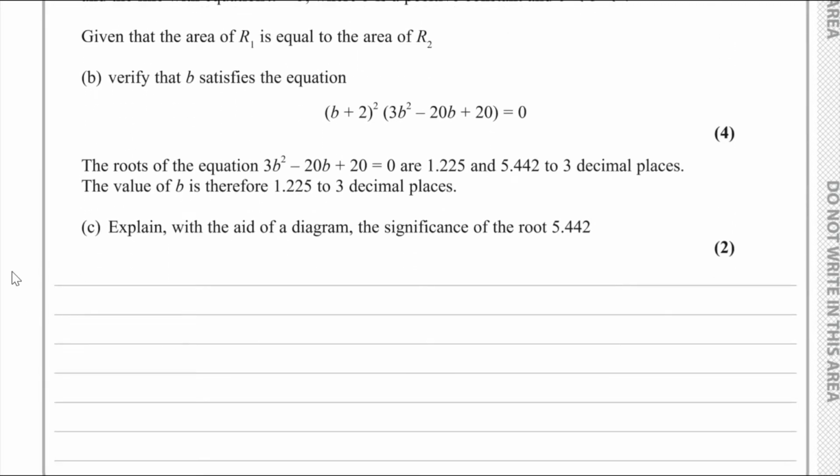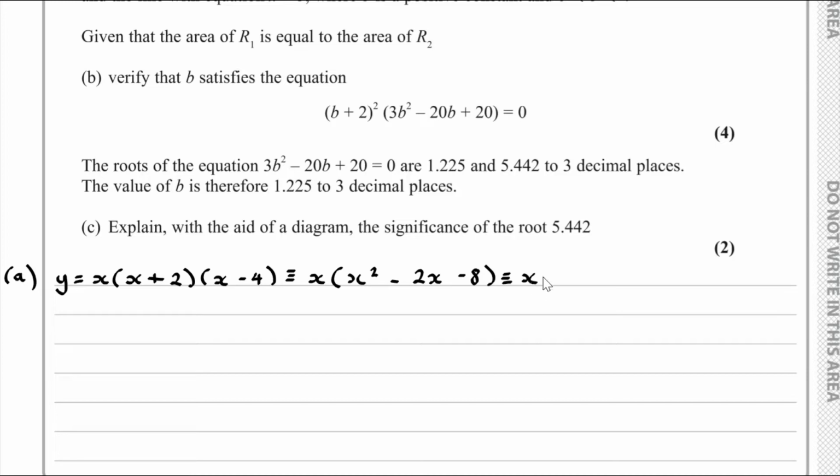So, for part A, we have y equals x(x + 2)(x - 4), and if we expand and simplify, we have x(x² - 2x - 8), which is the same as x³ - 2x² - 8x.